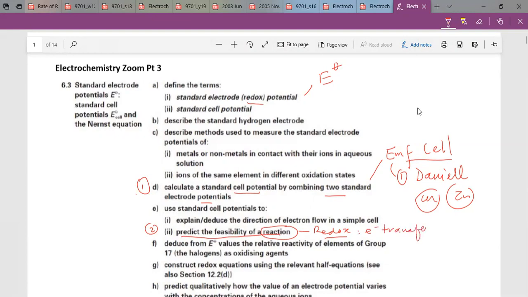So to predict a redox reaction, will it occur or not? And thirdly, the third one is to deduce from the E naught values the relative reactivity of the elements of group 17 or whatever as oxidizing agents. Sometimes they might ask you to turn around as reducing agents.